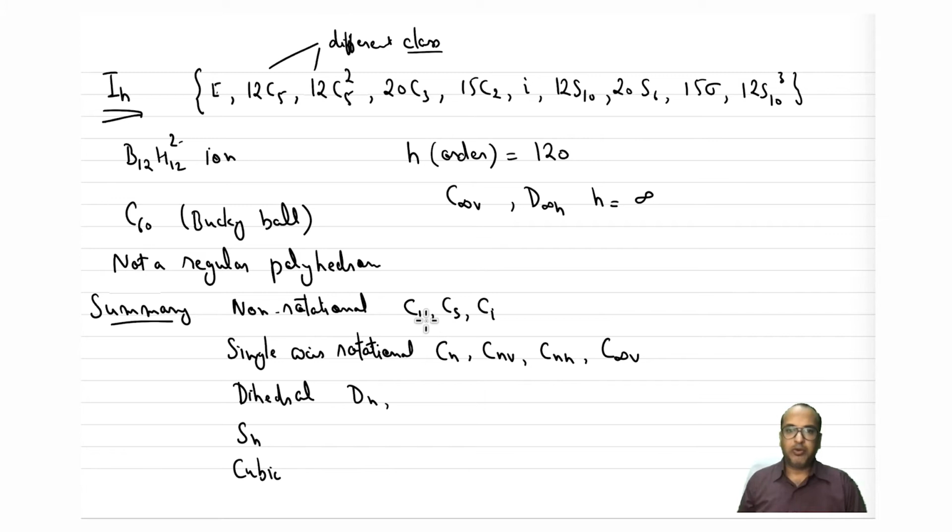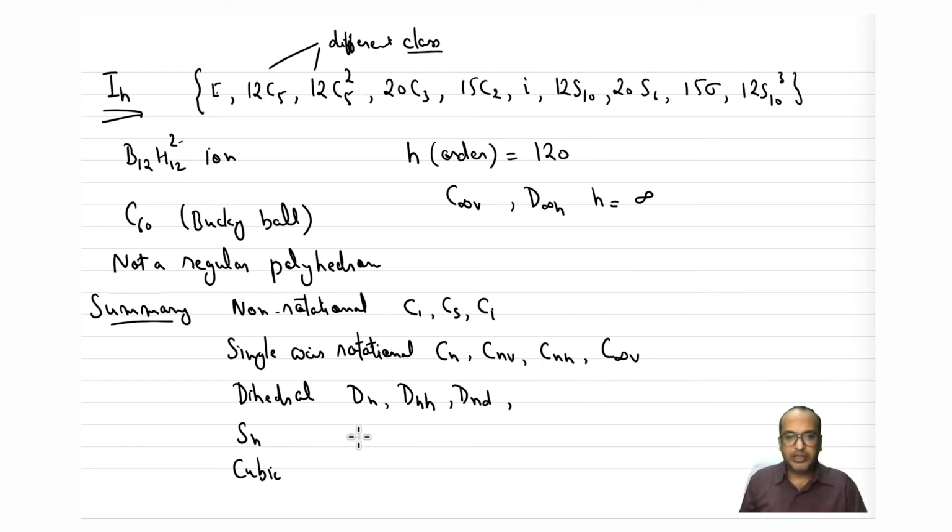We will see how to classify different molecules into these point groups depending on what symmetry operations are present. So DNH, DND, and what else was there? DNH, DND, and DN. Yeah, that's all.